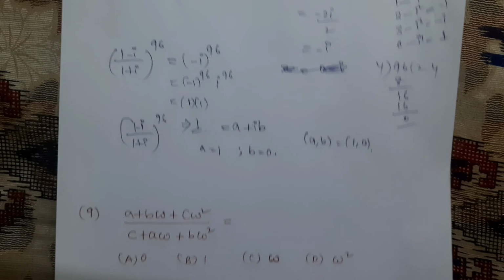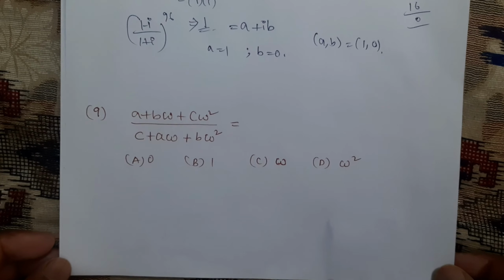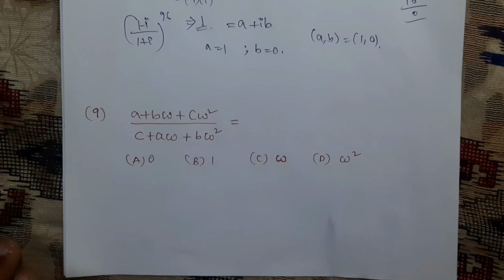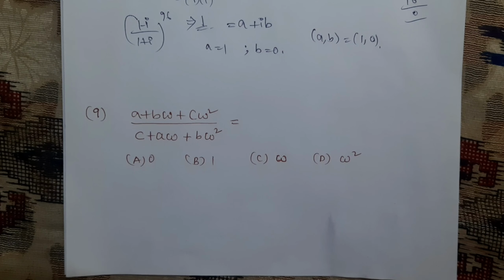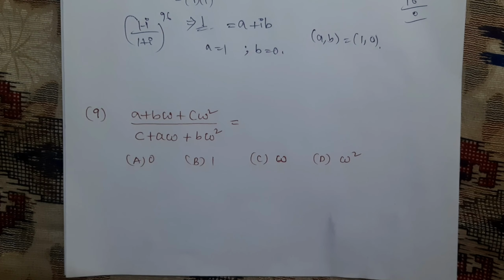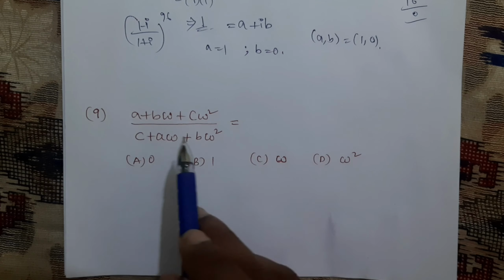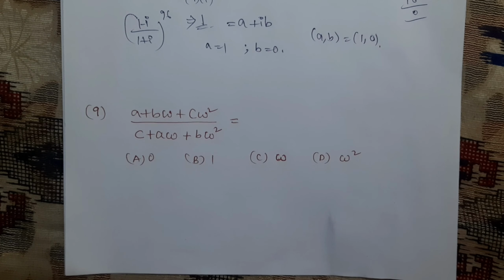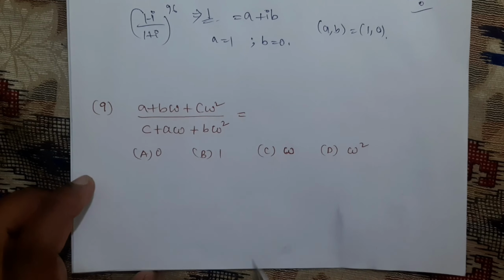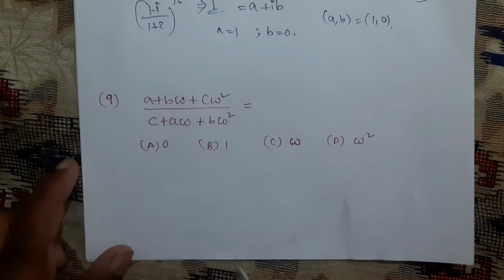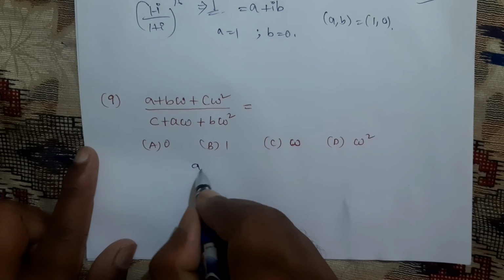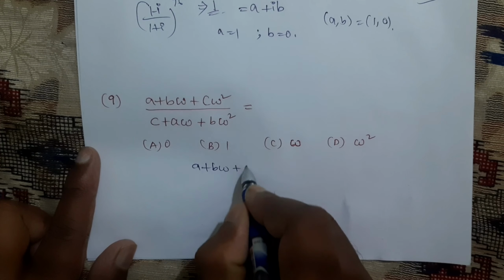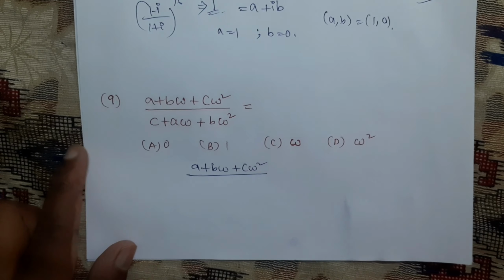Next question. (a plus b omega plus c omega square) divided by (c plus a omega plus b omega square). This is completely by using cube roots of omega only we need to simplify. Otherwise, by considering a value, b value, c value we cannot find. But if you observe the numerator and denominator, I will write that as it is: numerator, a plus b omega plus c omega square divided by.